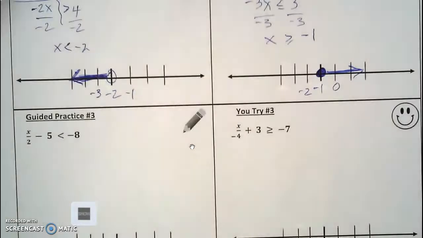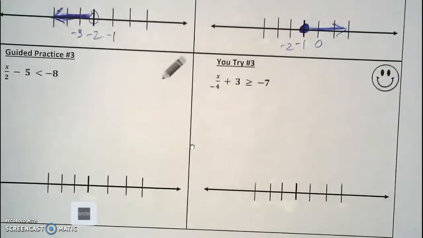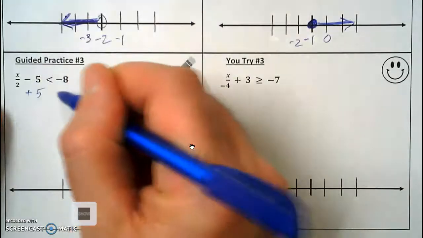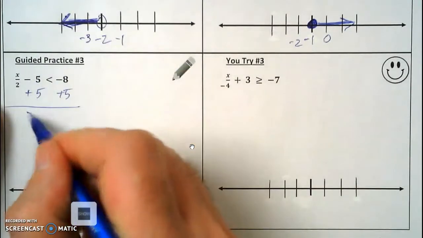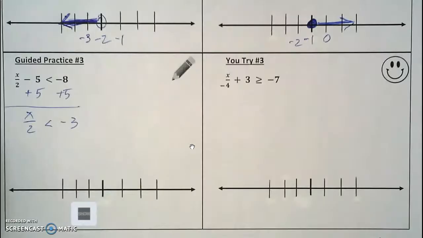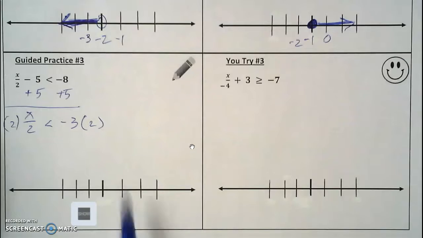And I will quickly show you too where you have to multiply in your second step. And we've seen them with equations, but again, it's been a while. Add 5. X over 2 just comes down. Now, I'm multiplying both sides by 2. Some people think this gets flipped. They say, look, a negative. Yeah, but I'm multiplying a positive on both sides.